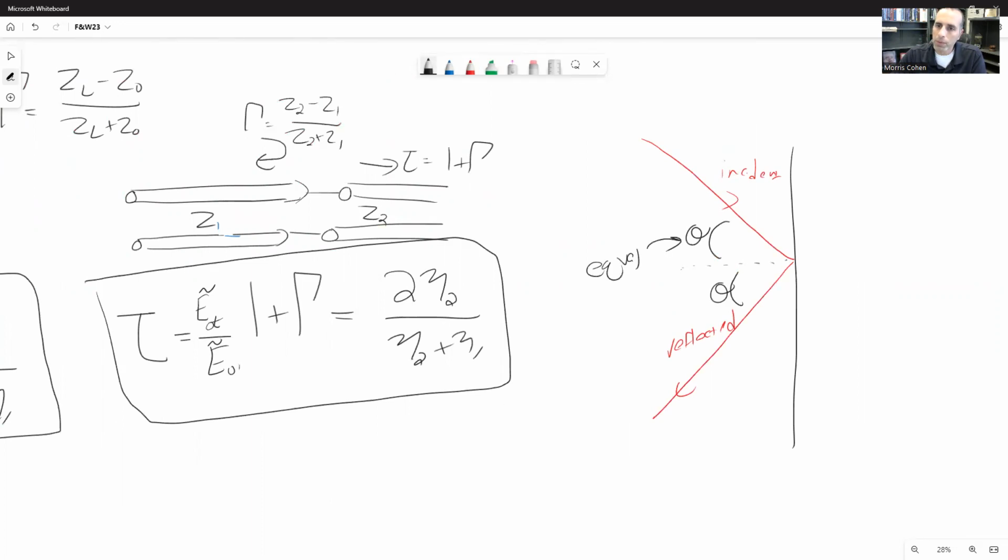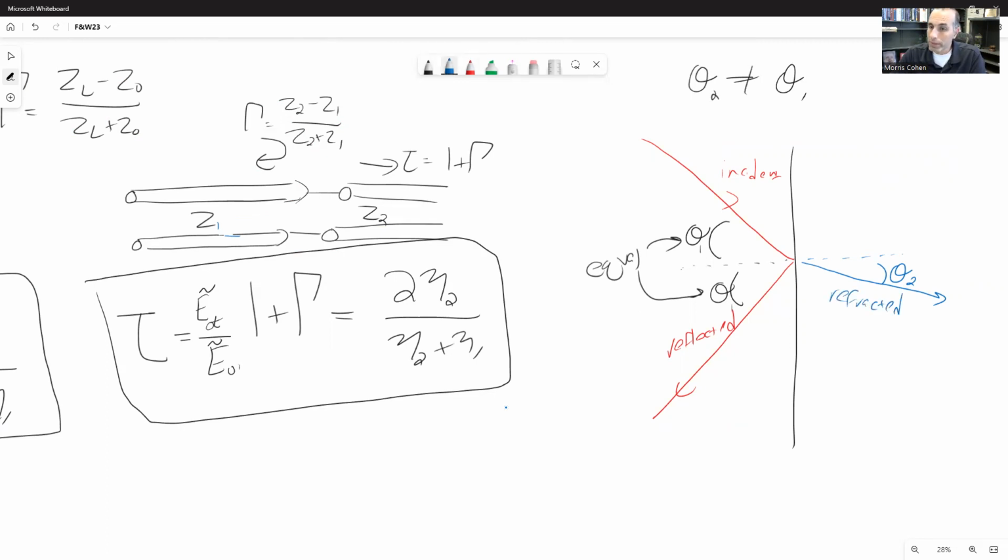These 2 angles are equal. In addition, we're going to have something called a refracted wave, which will transmit into the material. So this is theta 1. And these 2 angles are the same, but this angle theta 2 is not necessarily the same as theta 1. And that's called the refracted wave.